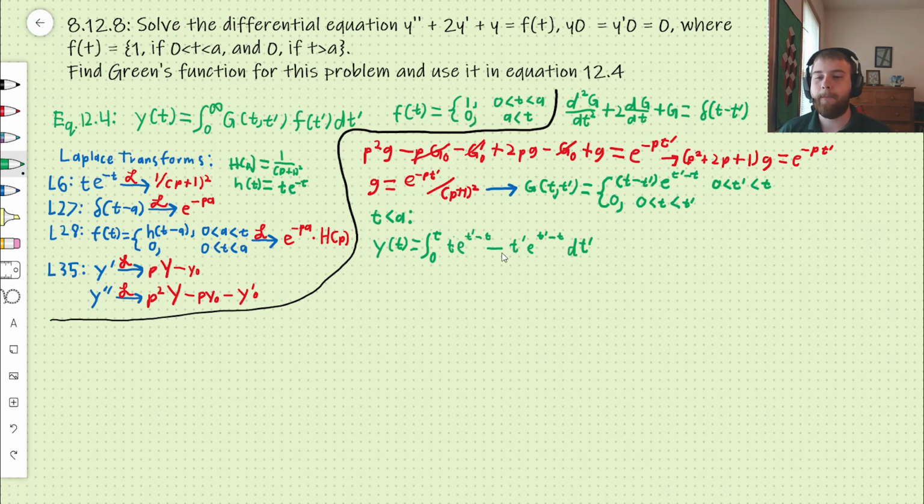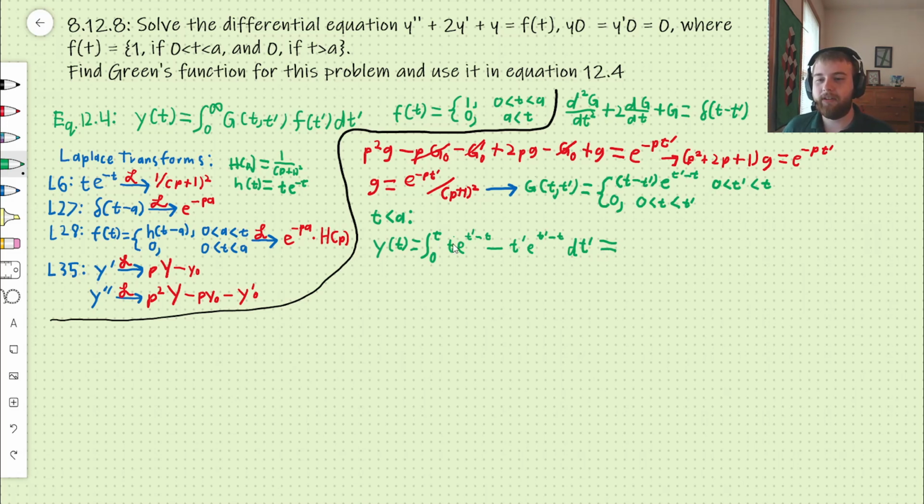So the only times where t prime is not 0 is from 0 to t. That's a bad explanation, but hopefully you're convinced enough that we can continue on with the problem. Anywhere outside of it, this function is 0, so we're just going from 0 to t because that's the only time this function has meaning.